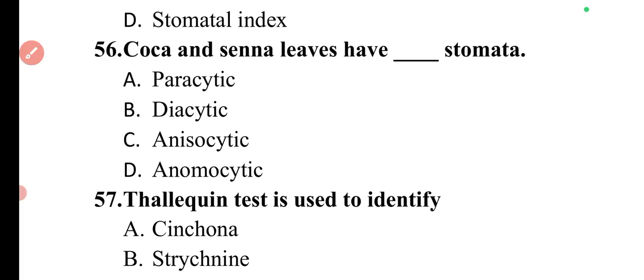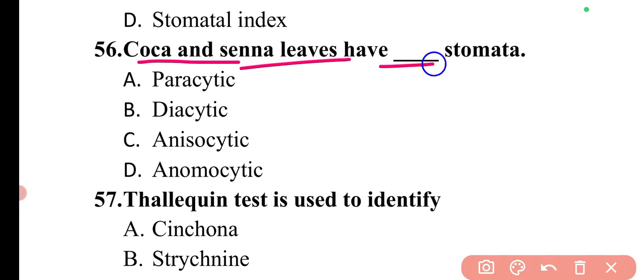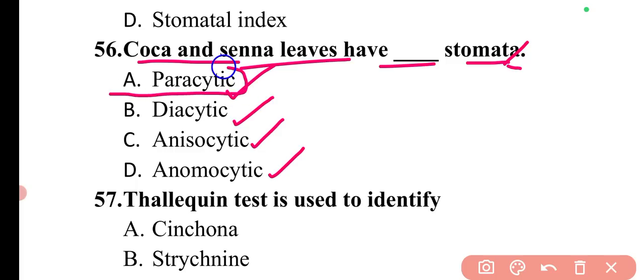Next question is coca and senna leaves have dash stomata. Options are paracytic, diacytic, anisocytic, anomocytic. And the correct answer is option number A, paracytic.